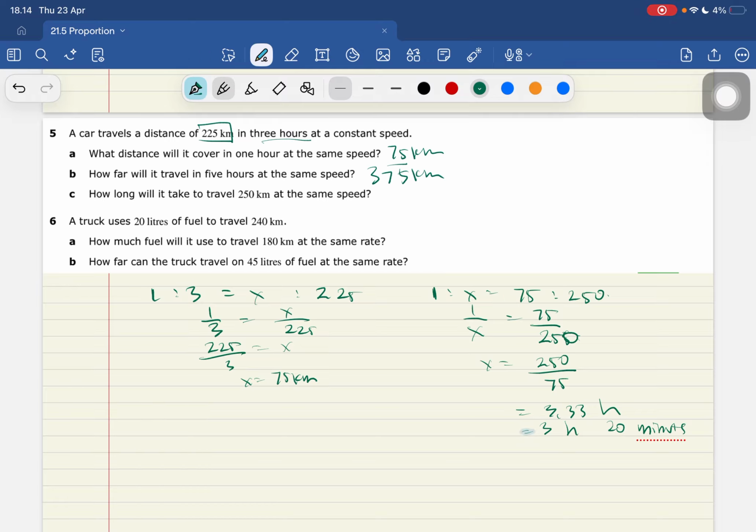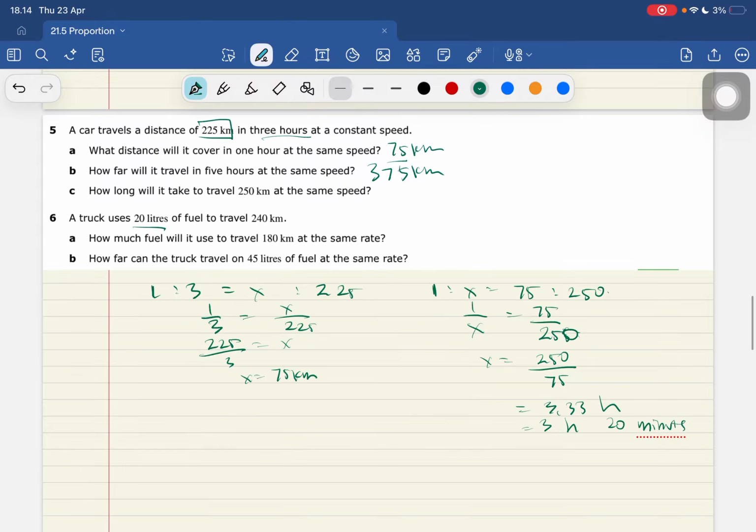Number 6: A truck used 12 liters of fuel to travel 240 kilometers. How much fuel is used to travel 180 kilometers? This is 180 kilometers to 240 kilometers, the ratio. We write the unknown as x.